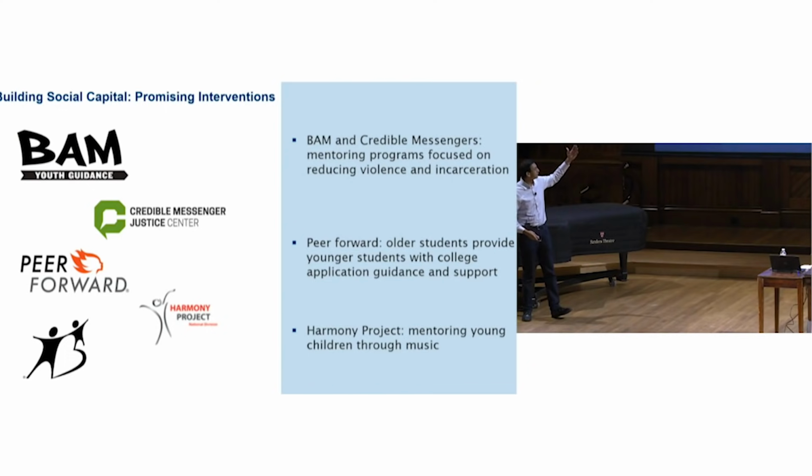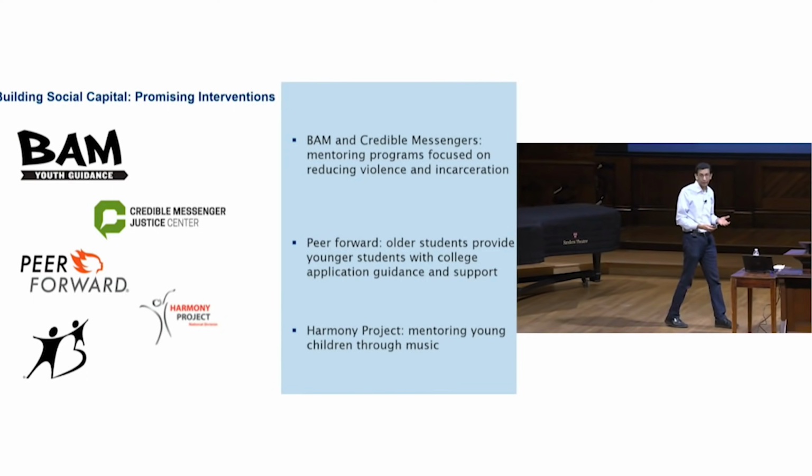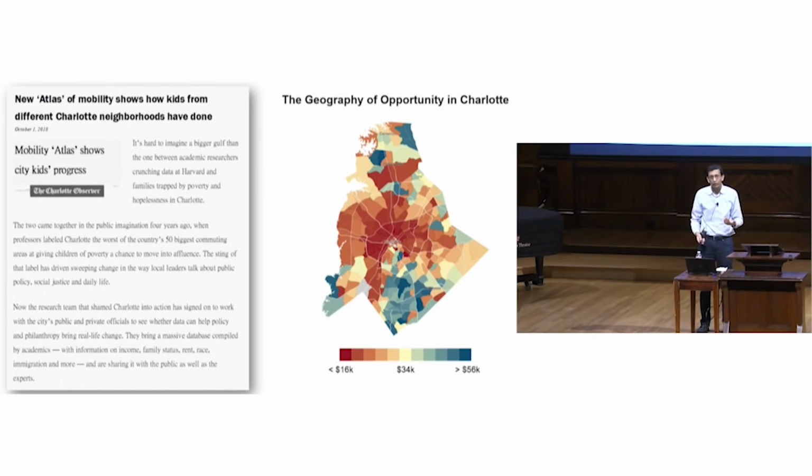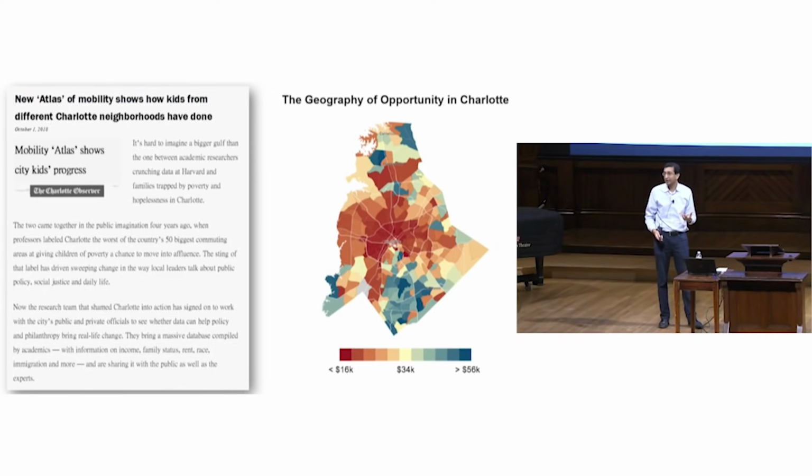So the point is, there are numerous things like this, many of which I think are quite promising, and some of which might be scalable because you might be able to do them at a relatively low cost. And the question basically is which of these things work, and what's the bang for the buck for each of these different programs.